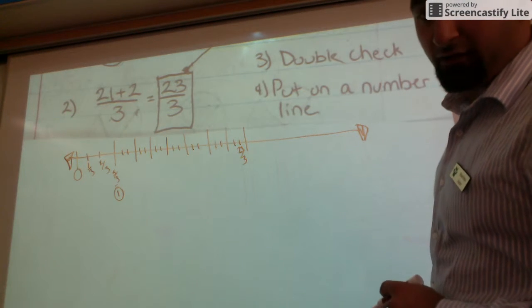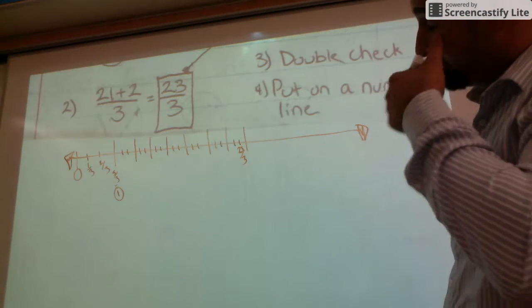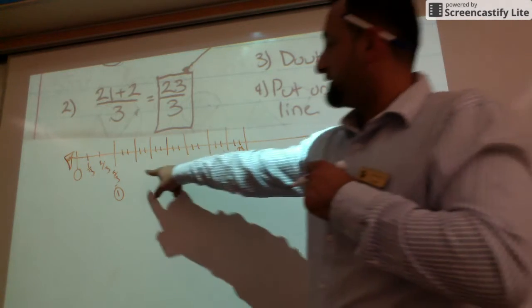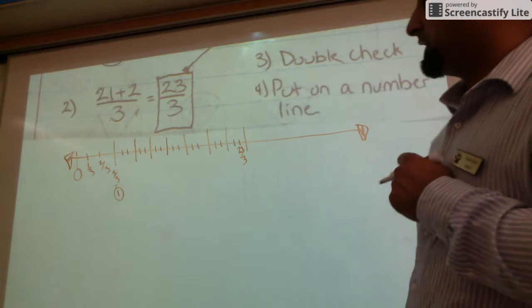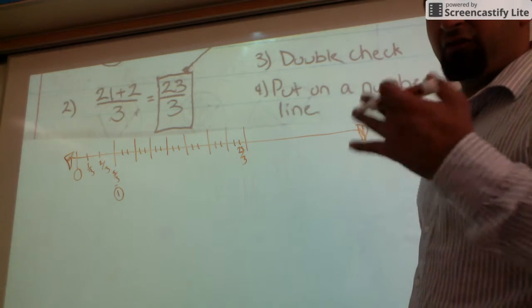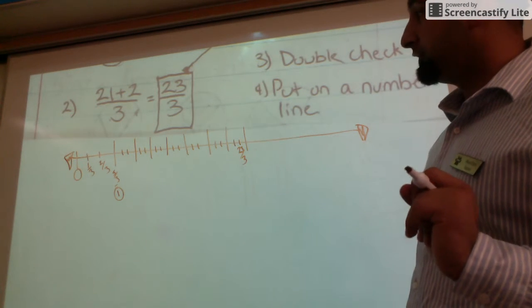Okay? I know it may not be clear for you guys, but count 23 pieces, 1, 2, 3, all the way up to 23. Now, if I go back, I know that every 3 pieces is 1 whole.